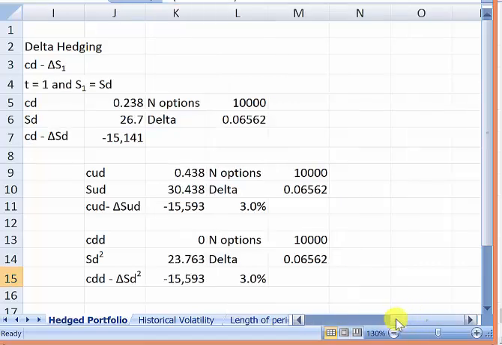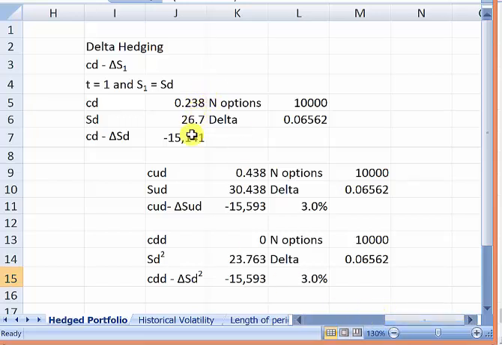And then after that, in the down state, you formulate another one: acquire this long call and short the underlying at 26.7, but the ratio is this much smaller delta, basically 10 times smaller. And this liability or cash inflow can still grow at 3%. If you deposit this cash inflow at 3%, it will be able to pay off this liability at the end of the second period. And it's completely risk-free.